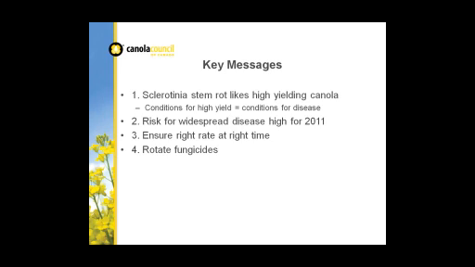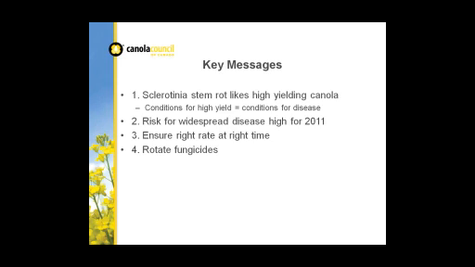The key for being successful with a fungicide application is to make sure that you use the right rate at the right time. And we'll look at that in a little more detail as well. And then the last key point that I want you to consider is that when you are choosing your fungicides, make sure that you are planning a fungicide rotation strategy, because these fungicides are like herbicides in that they can lose their efficacy for controlling the pests that they're designed for.